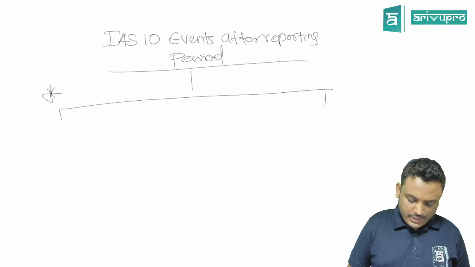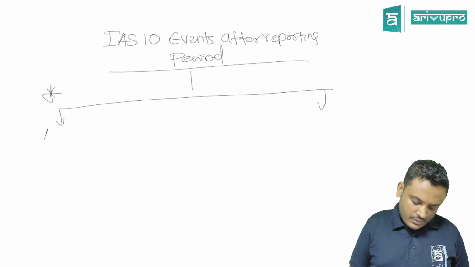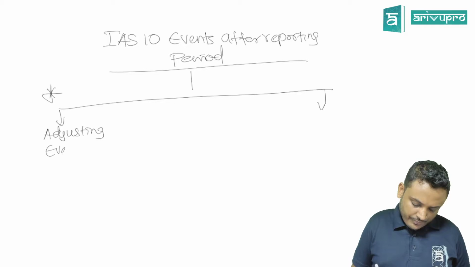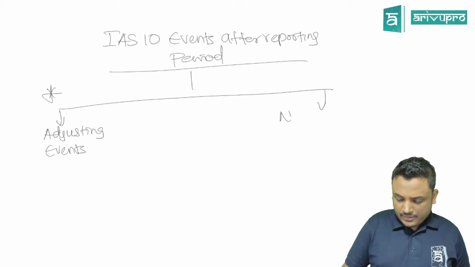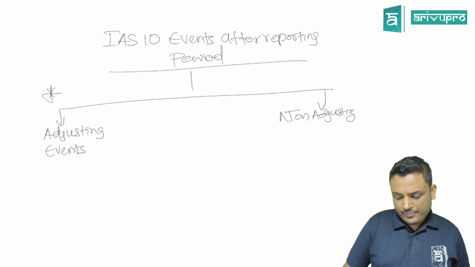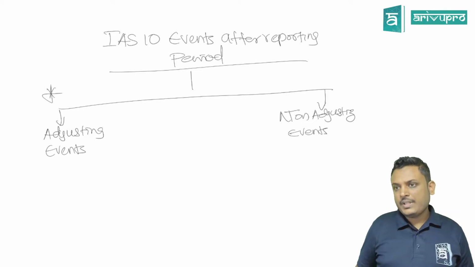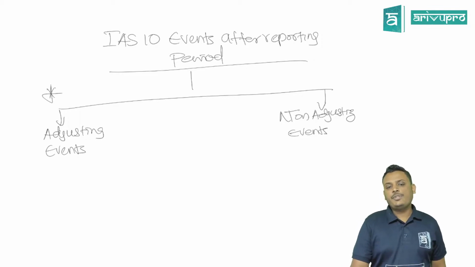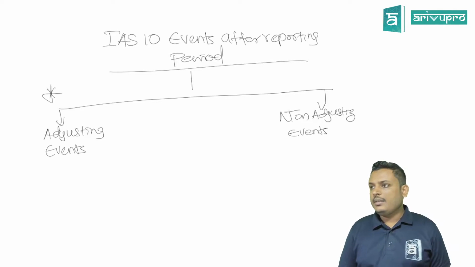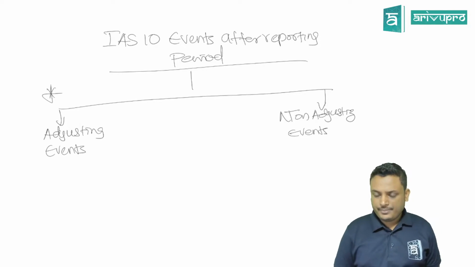As per the standard, there are two types of events. One is adjusting events and the other one is non-adjusting events.